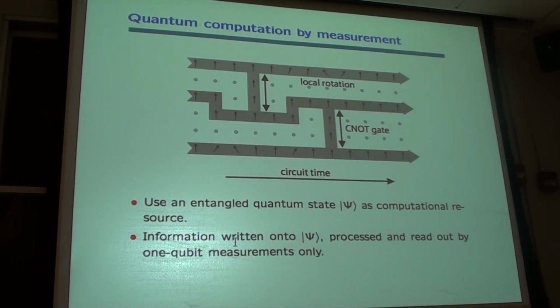You can prepare a quantum state of a suitable kind, a so-called cluster state, which is a specific entangled state on a bunch of qubits on a two-dimensional lattice, for example. So you prepare the state and put it in place, and then you begin measuring those individual qubits in the state.